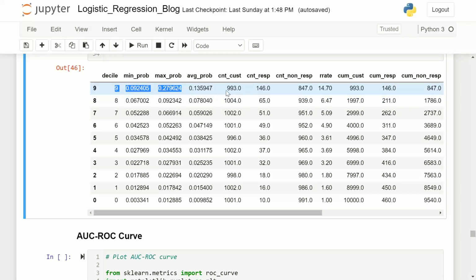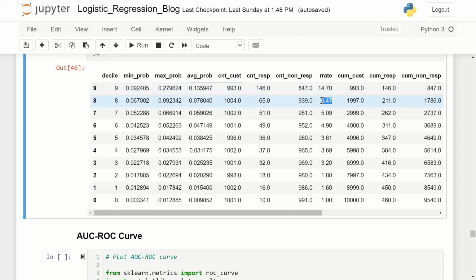In each decile, we are computing how many customers are there. Of that, how many responders are there, how many non-responders are there, and number of responders. CNT stands for count. This is abbreviation for count I have used. 146 divided by total number is my response rate. So in the topmost decile, we have a very good response rate of 14%.